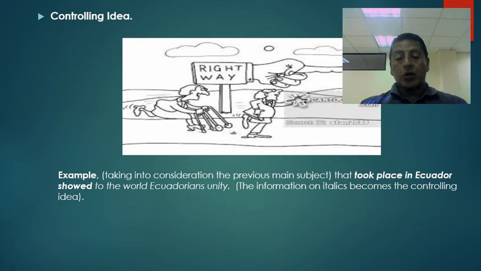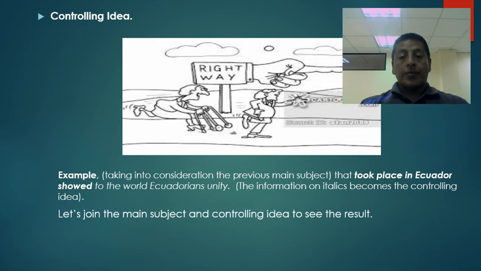Okay, and it shows something. What did it show? Okay, it showed to the world that the Ecuadorians are unified, that they are together, they are trying to support each other, and that's now the function of the controlling idea, to specify what the writer wants to tell you, wants to convey as a message, okay?